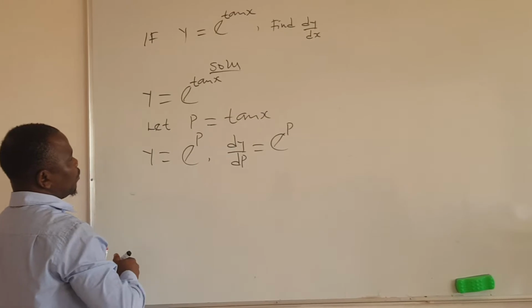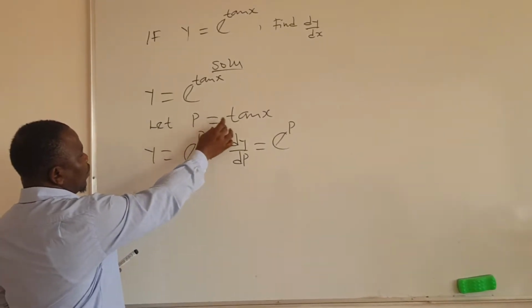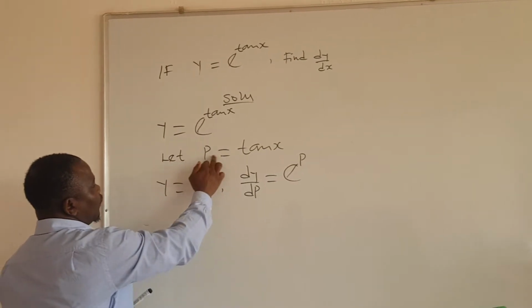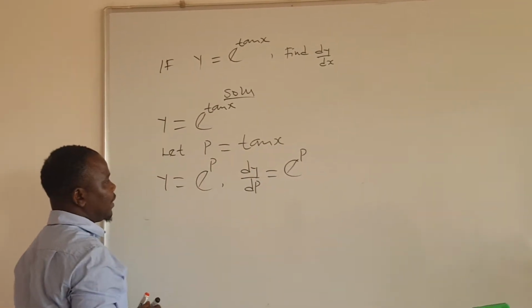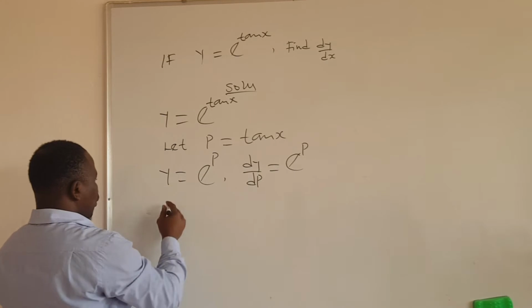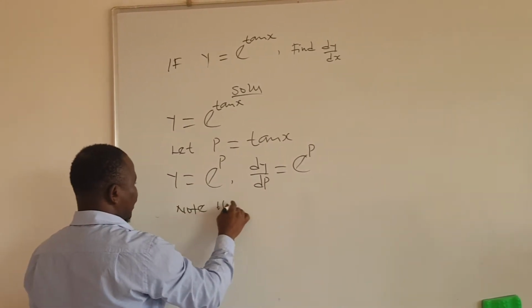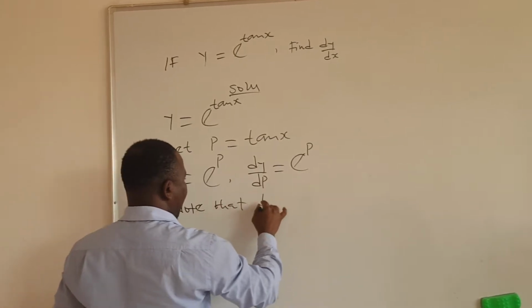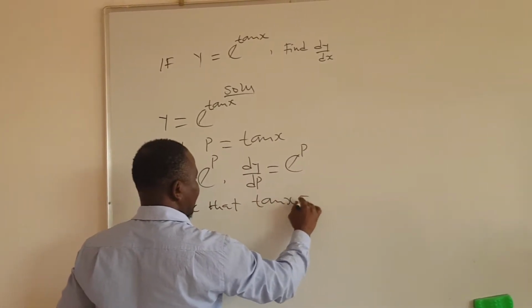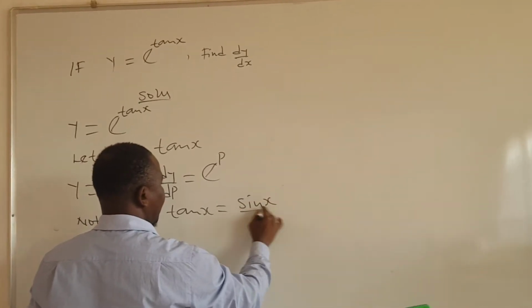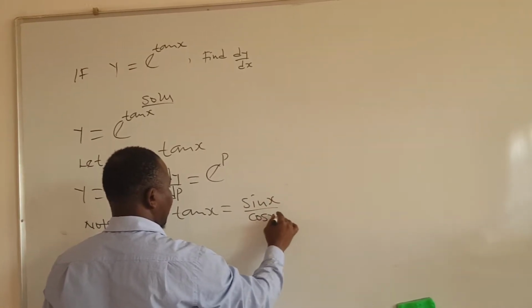Okay, now let us look at this function. We have P equal to tan x. Note, go back to your trick. Note that tan x is also equal to sin x over cos x. True or false?